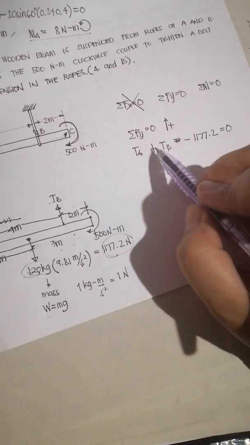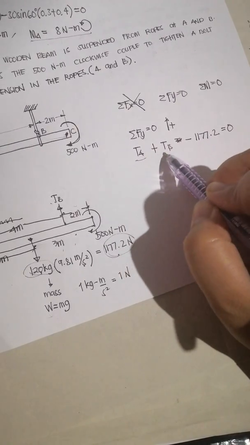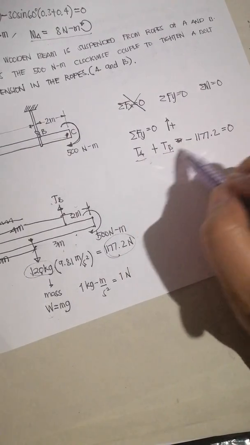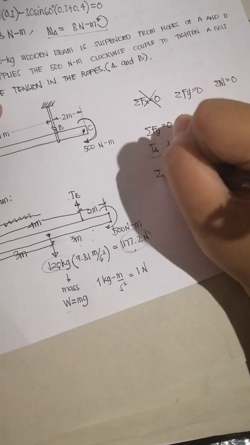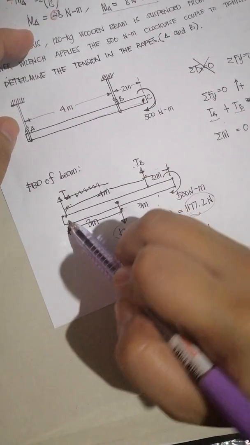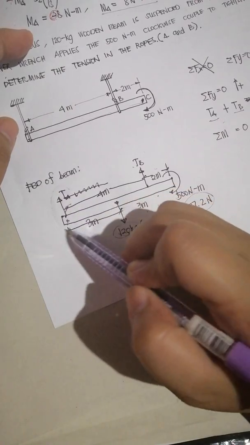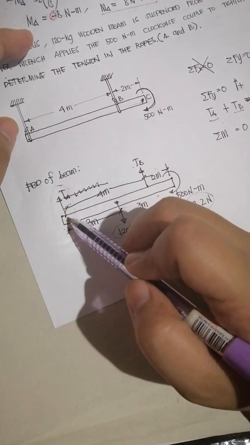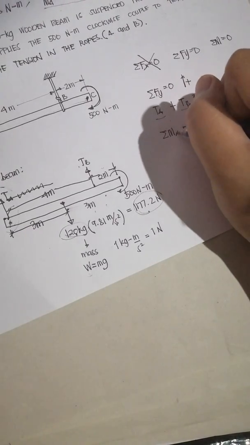In this equation there are still 2 unknowns, so we could not get any value from here. But when we use the sum of moments equals 0, if we sum up moments at A, of course TA will not be part of the equation because it does not have a moment at this location.